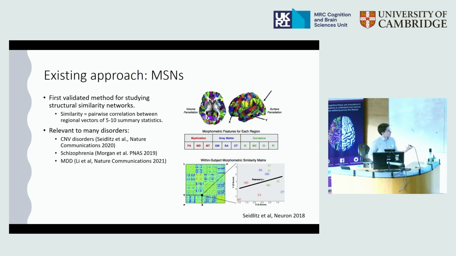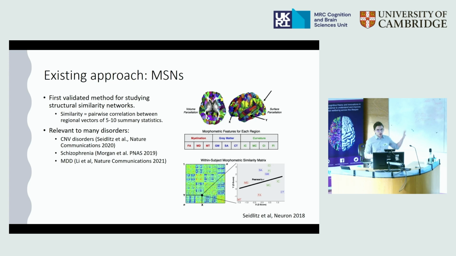They take the cortical reconstruction from the output of FreeSurfer or some standard imaging processing software. For each brain region, they defined a set of 5 to 10 structural features, so that region's mean cortical thickness, the volume of that region, the mean curvature in that region, and so forth. Then for each pair of regions, they calculated the correlation between those vectors as a proxy for the structural similarity between those regions.